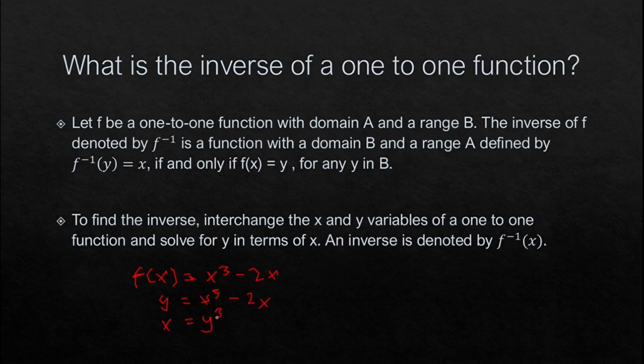X is equals to y cube minus 2y. Then the inverse is y, which you equate as a new function, with y in terms of x. The y goes to one side and x to the other side, and then you make it a traditional function. We'll discuss that further.